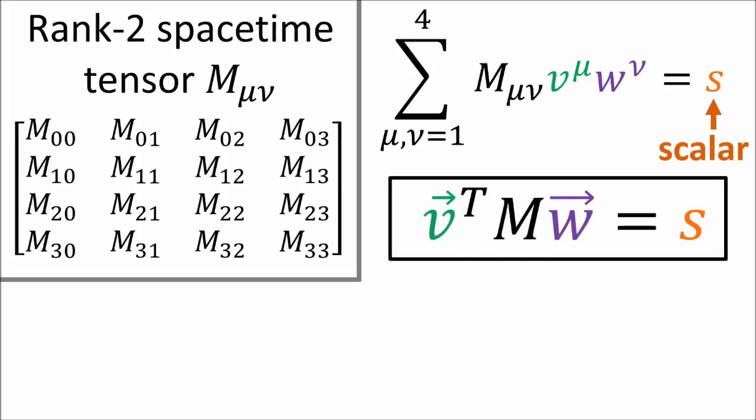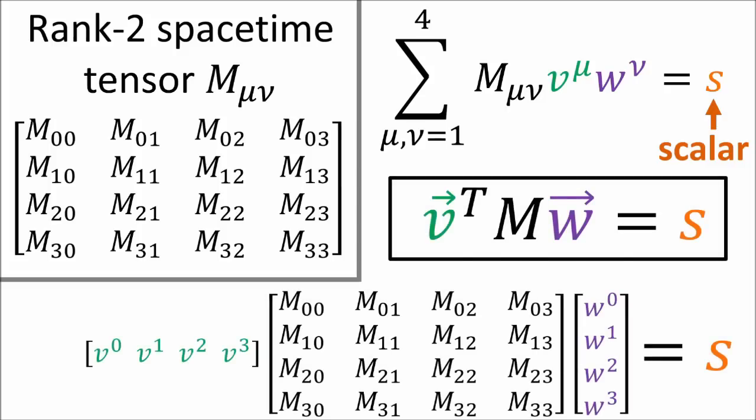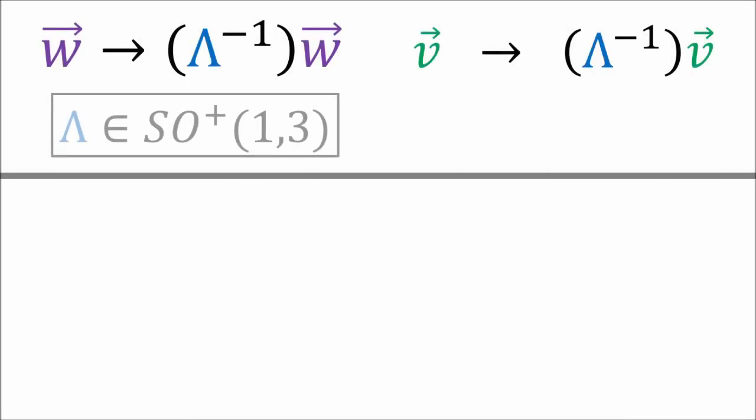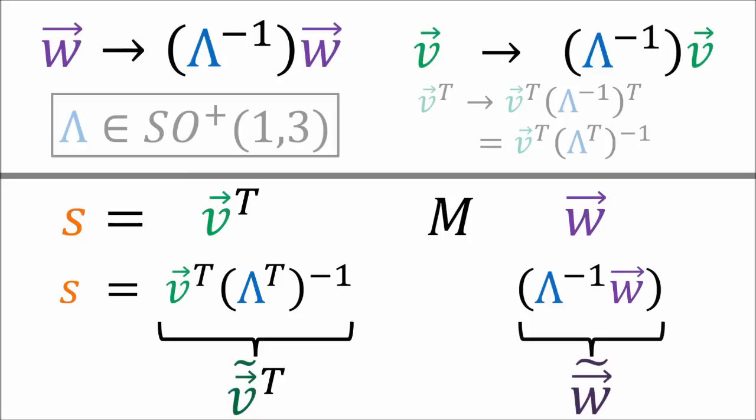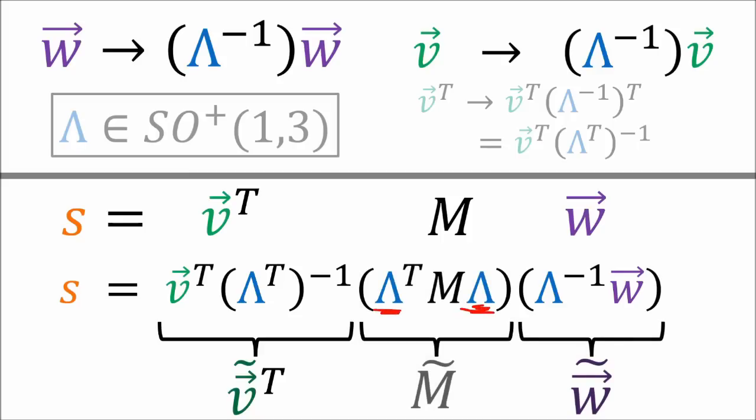In array notation, the rank 2 tensor M is a 4 by 4 matrix, and the input vectors v transpose and w are sandwiched on either side. Now, if we Lorentz transform the vectors with a Lorentz matrix lambda inverse, then to ensure we get the same scalar result in the new reference frame, M must transform with lambda transpose and lambda on either side.